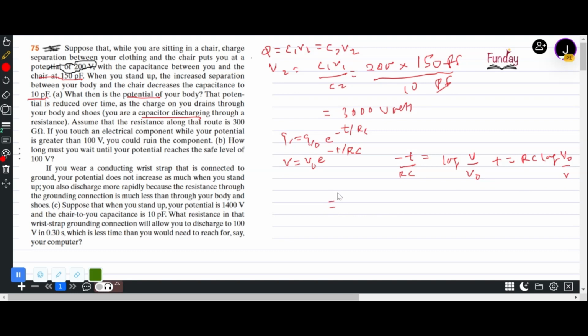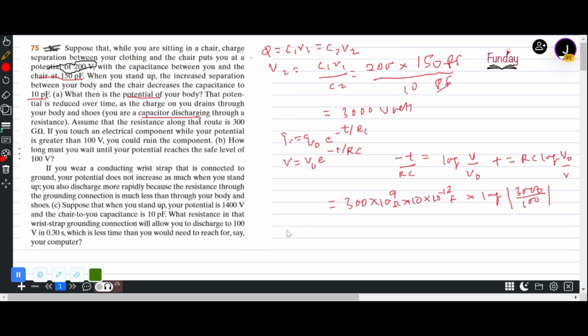So our original voltage was 3000 volts, and resistance is 300 gigaohms, which is 300 to the power 9. Capacitance we have 10 picofarads, 10 into 10 to the power minus 12, into log of 3000 volts over 100 volts, the desired voltage for you to be potentially safe.